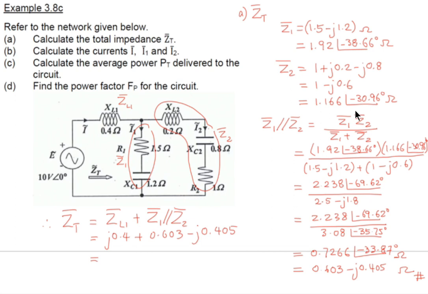That gives me 0.603 minus j0.005. And that's approximately 0.6 at the angle of minus 0.475, so let's say 0.48 degrees ohms. So that's my answer for part A.